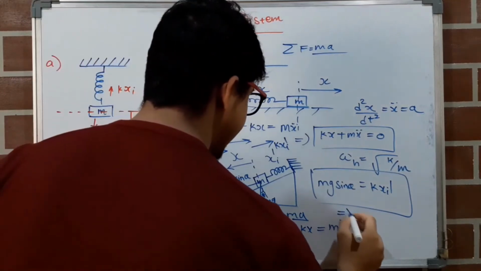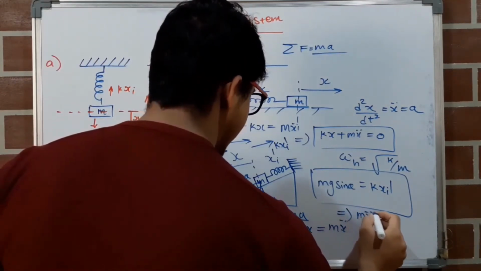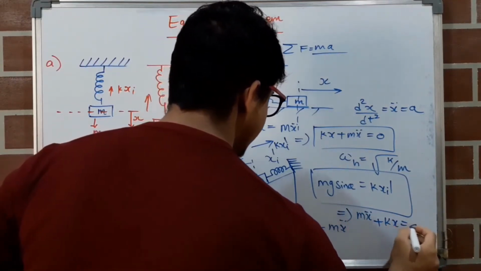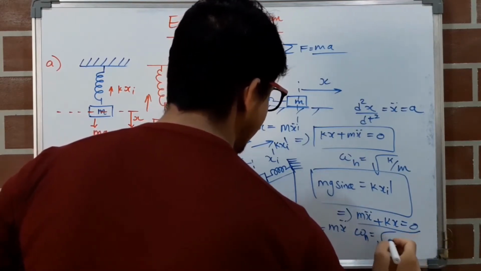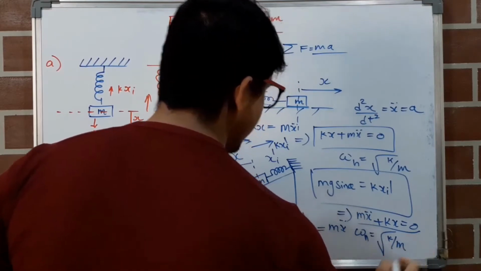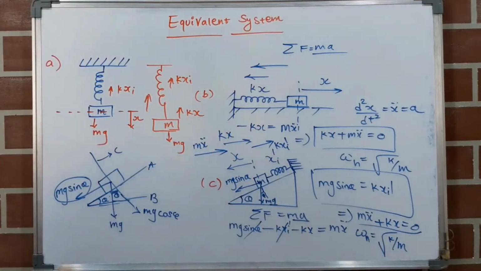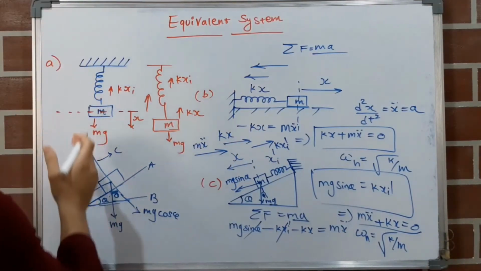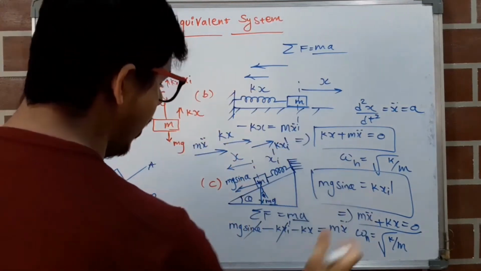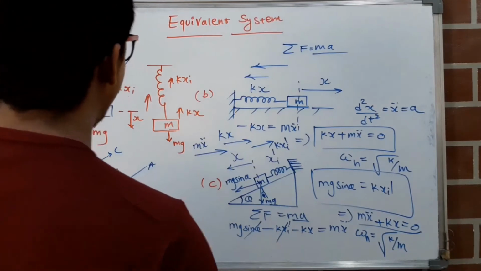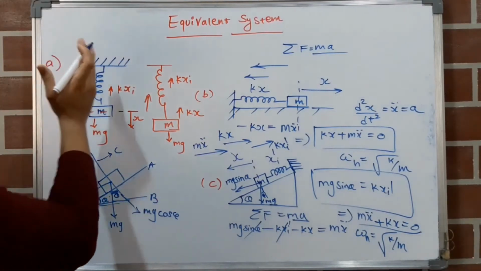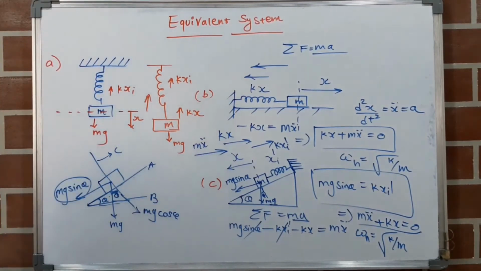So again we are getting the same equation, that is m x double dot plus kx equals to 0. So the same formula will come, that is omega n equals under root of k by m. So we can conclude that if we put the spring mass system vertically, or horizontally, or on an inclined plane, then we get the same angular frequency as in the vertical case, that is under root of k by m.